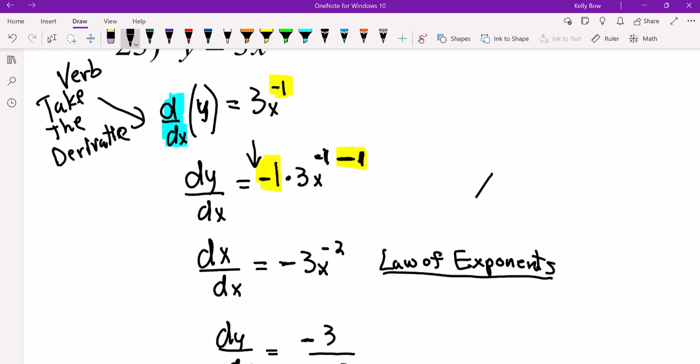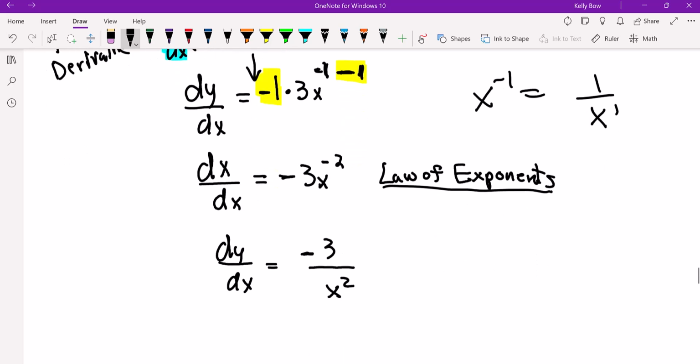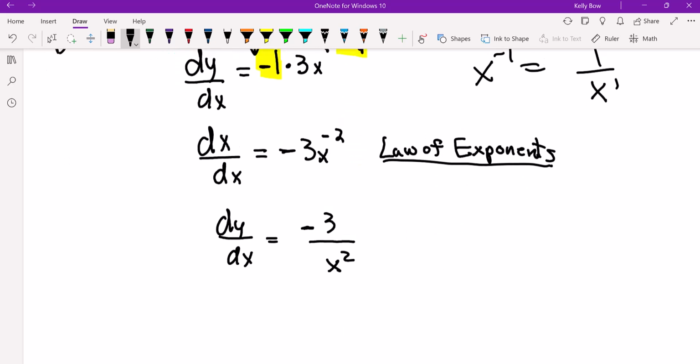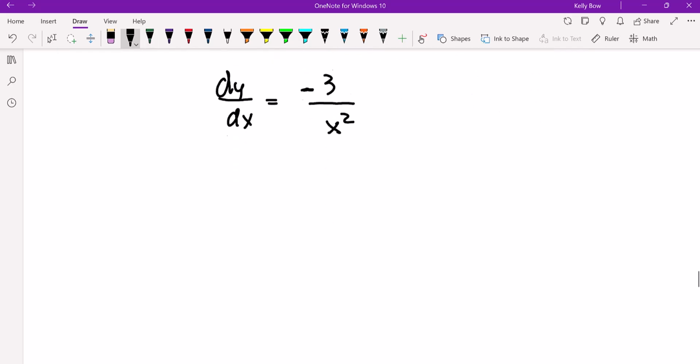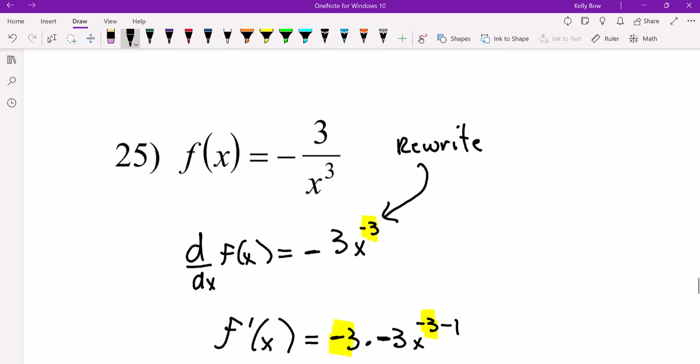When you've got x to a negative exponent, you rewrite it with x in the denominator with a positive exponent. So this becomes negative 3 over x squared, or the negative sign out front, just like that. And then pretty soon you'll see a pattern, and you'll be able to just look at the rational ones and very, very easily and quickly just write what the derivative is.